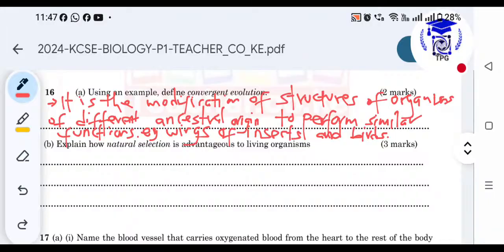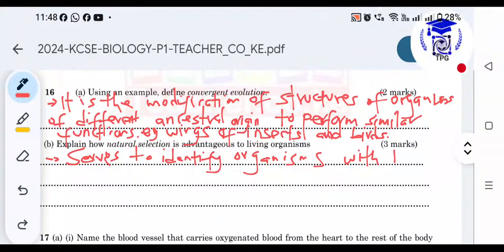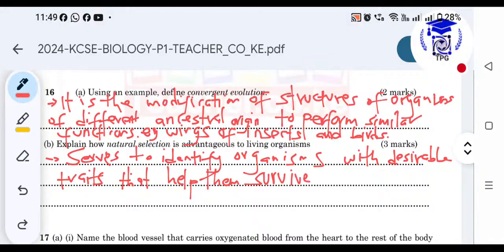It is because it serves to identify organisms with desirable traits that help them survive and reproduce.